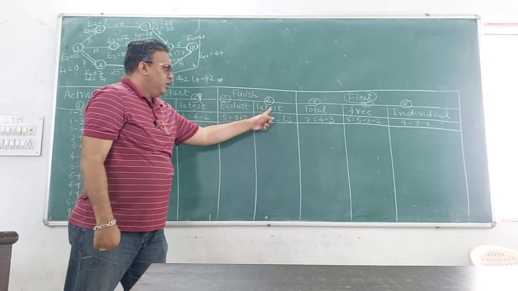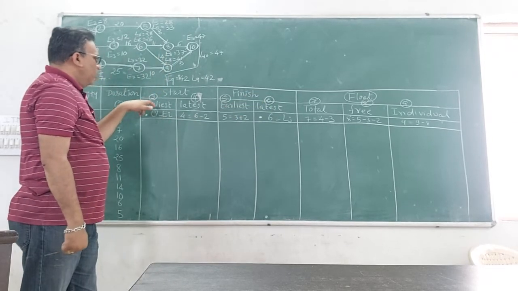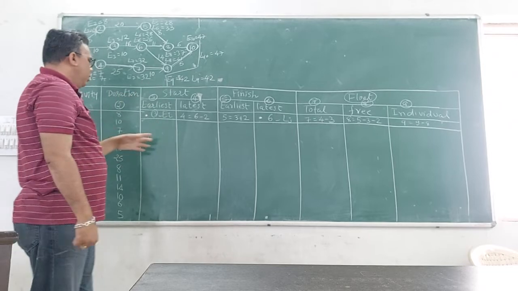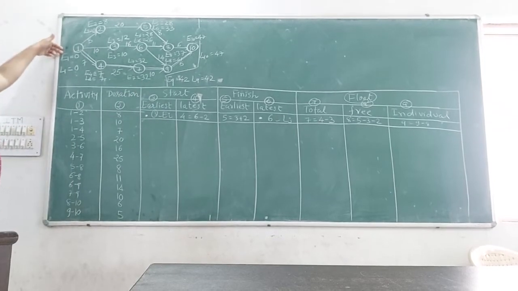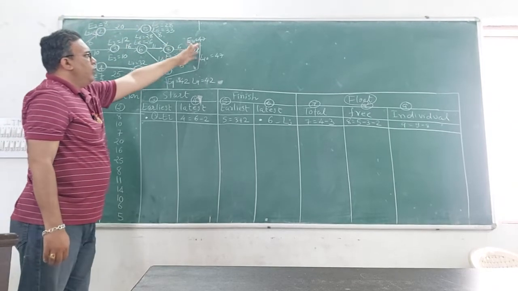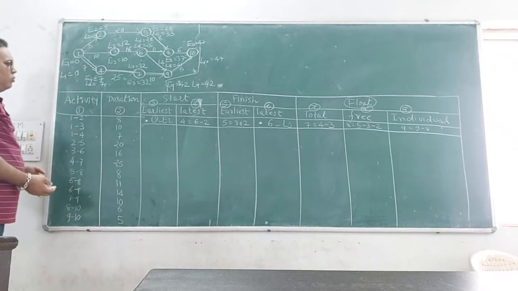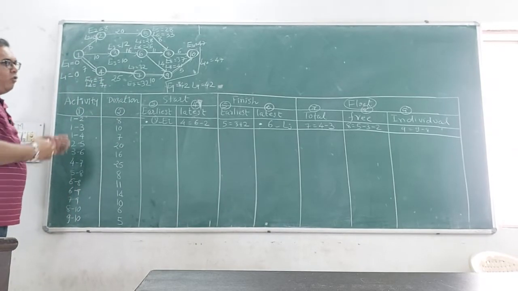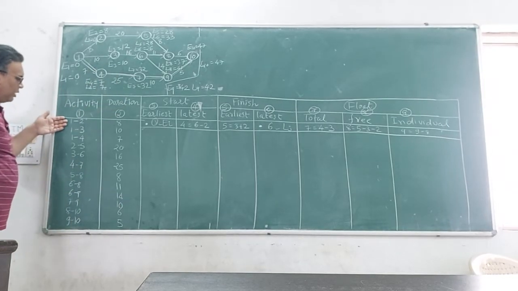It means the latest value of the finishing and the earliest value of the starting. The value which we found in the form of E1, E2, E3, E4 and up to E10, that is our earliest value. So we have to write down the values of all the E1 to E10, which is mentioned over here.